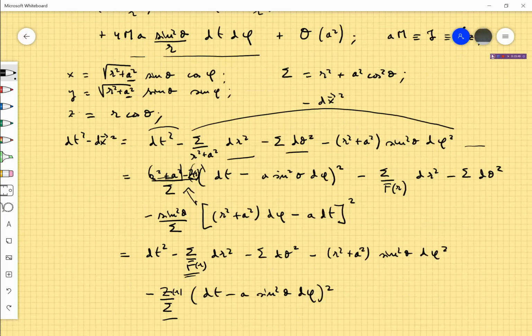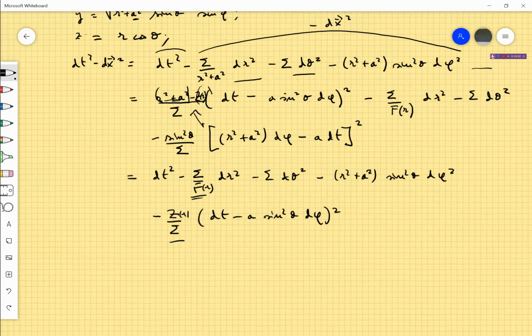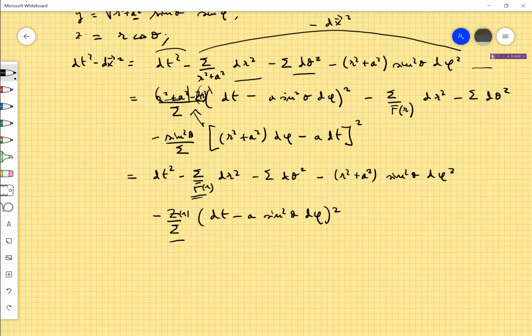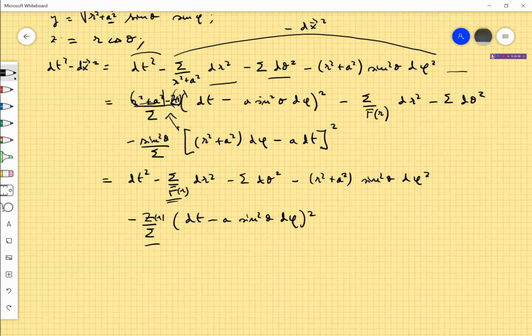So this is an assumption that has not been justified, and this is why this derivation of the ansätz is heuristic, and it is not as rigorous as you may expect. It has nothing to do with the derivation of the Schwarzschild metric that we did.